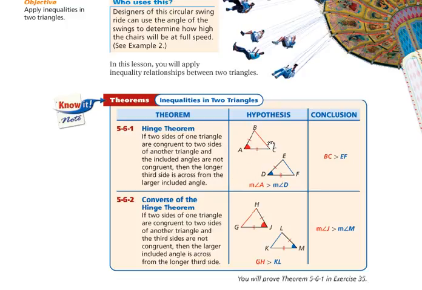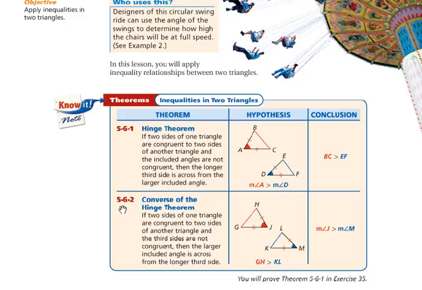So in other words, you can tell by the pictures here that this angle A is across from the longer side. The longer third side, BC, is going to be greater than EF. The measure of angle A is greater than the measure of angle D.